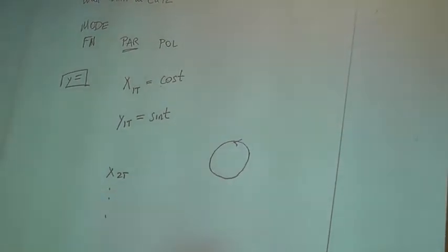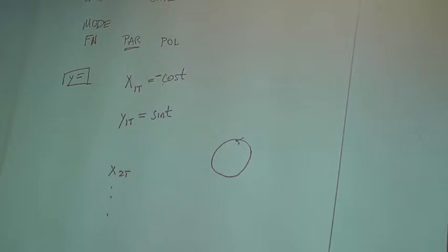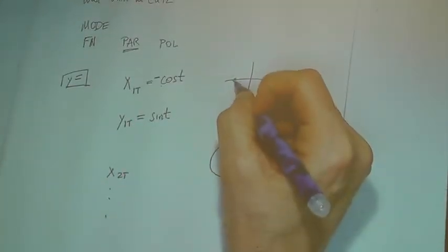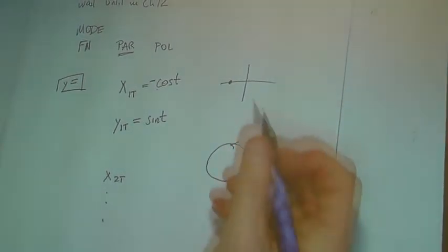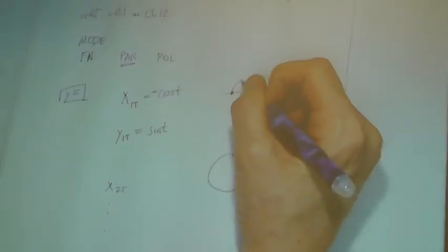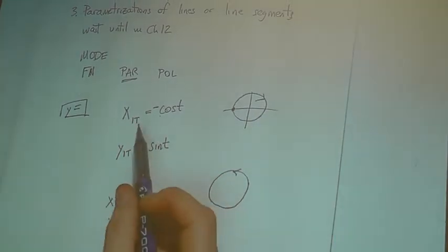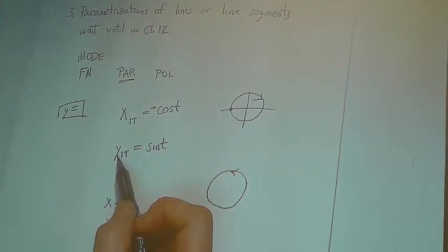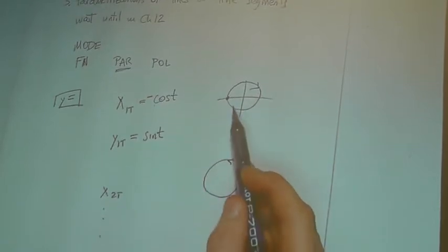But if you should enter in negative cosine and positive sine, you'll see your curve begin over here and go in this direction. So in other words, when you look at what the curve comes to, you will both get where it's starting and the orientation.